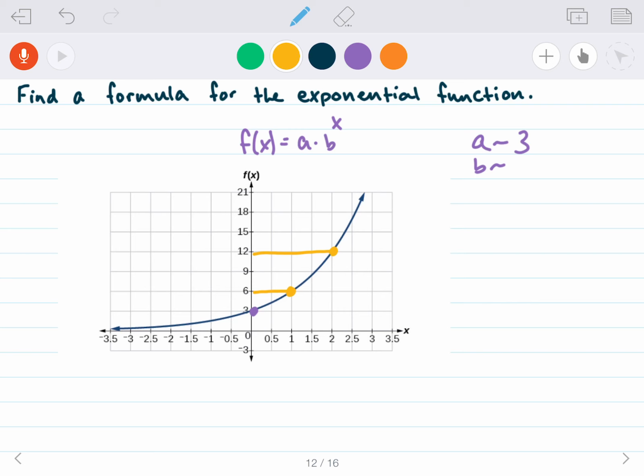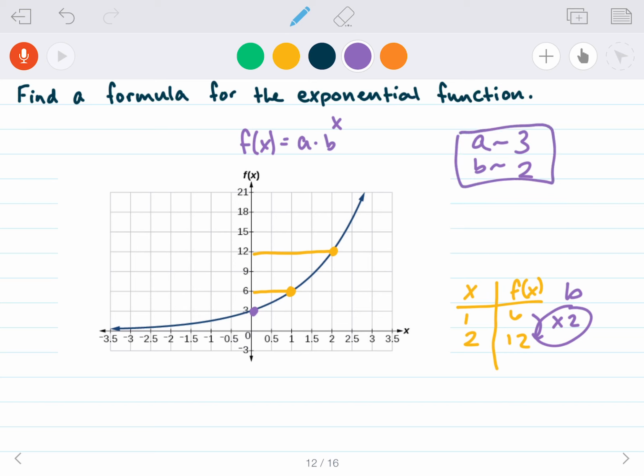If you were to make a little t-chart, we would have 1, 6, and then 2, 12, and we know that this is exponential, so this is going to be times 2, and so the next one at 3 should be 24, and the next one should be 48, and so forth. So this is going to be our b value. This is going to be 2. Now, you could have figured this out in another way, but that's the easiest way to do it, I think.